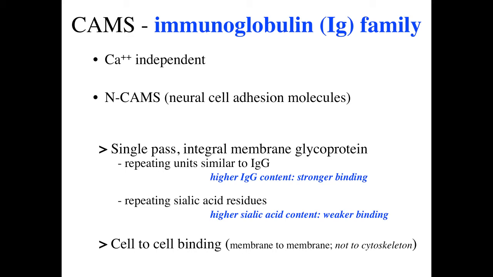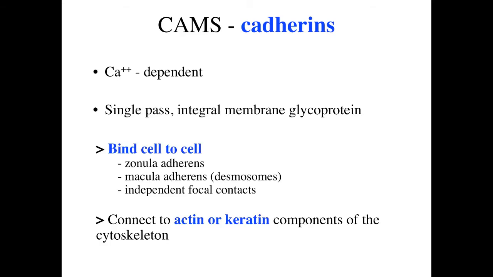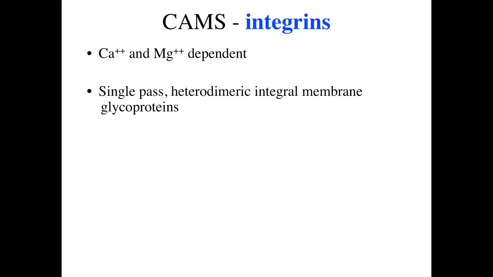These cell adhesion molecules cause cell-to-cell binding, but they cause weak binding, so they're just binding cell membrane to cell membrane. There's no cytoskeletal interaction, so this is a weaker type of interaction, as opposed to the cadherins, which, because the cadherins are binding the cell membranes to the cytoskeleton, are a much stronger type of interaction.